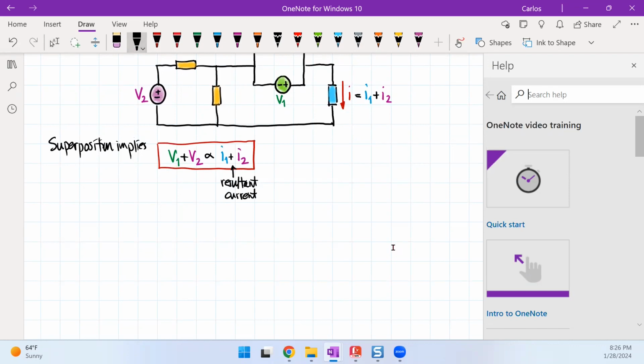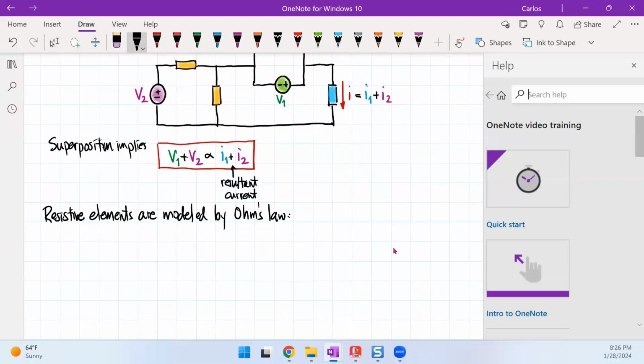So now, here's what we know about resistive elements. Resistive elements, well studied in your Physics 4B class, are modeled by Ohm's law.